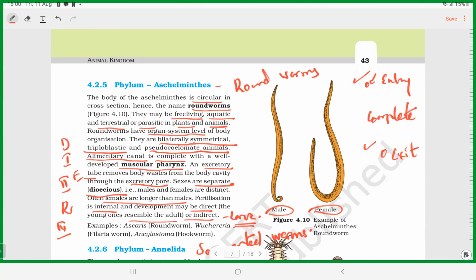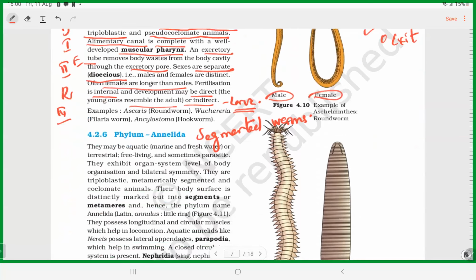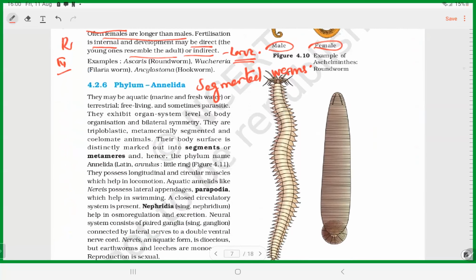So that's about Aschelminths. Now coming to the sixth phylum, it is called what? Annelida, annelids. They are also called segmented worms. Annelids are also called segmented worms.